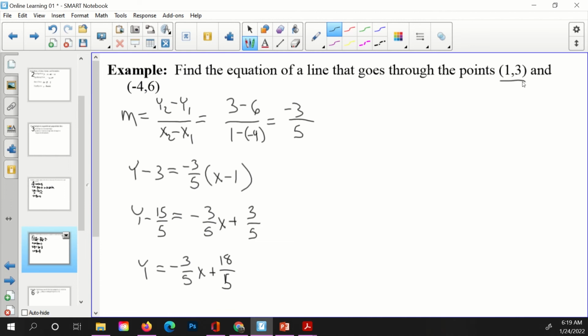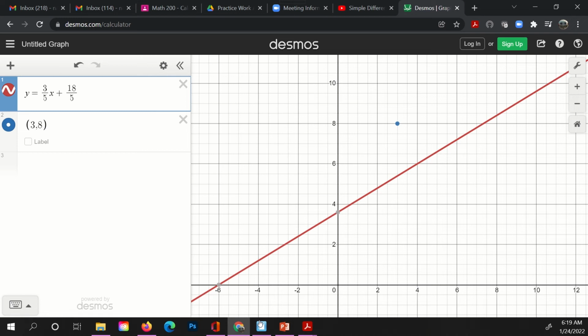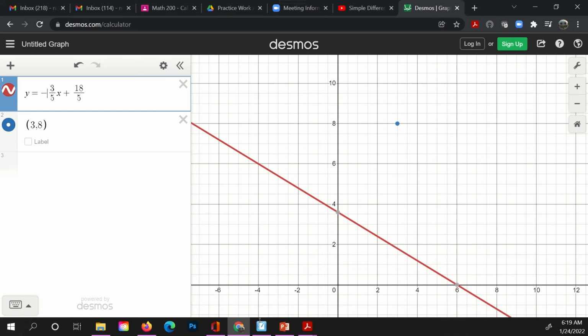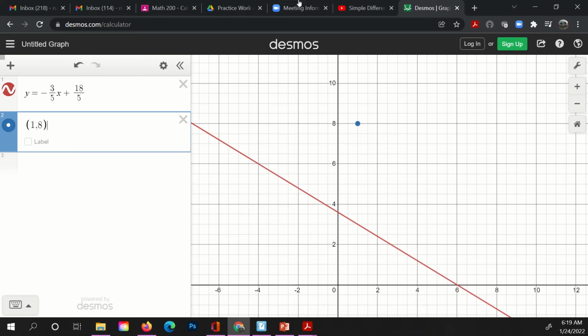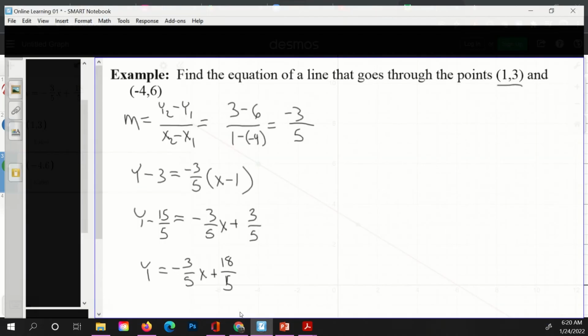Remember, our points are 1, 3, and negative 4, 6. I need this to be negative. There we go. So if I change this to 1, 3, and then negative 4, we can see that it goes through both of those 2 points.